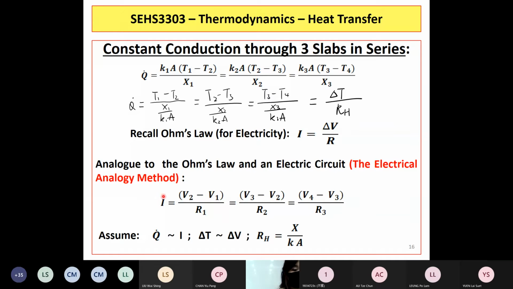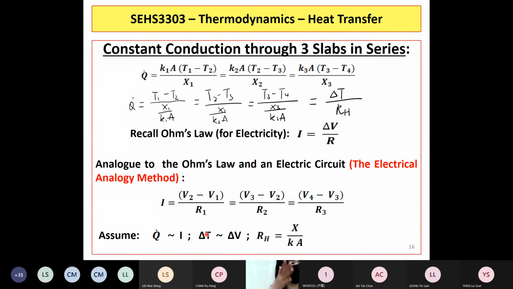So if we compare this equation for heat conduction, it looks quite similar to this equation. So we would like to apply the electrical analogy method to help us solve this conduction problem. That is, we assume Q dot is assumed to be the current.